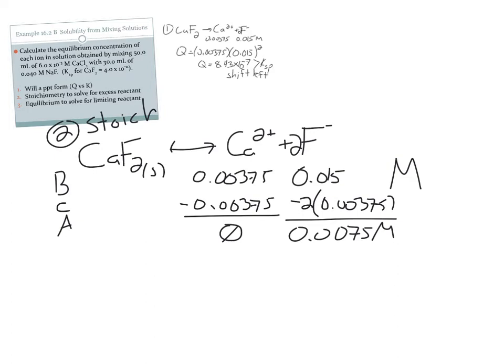Okay, and then we do have some solid here, so we could say how much solid forms plus x, so 0.00375. We could figure out the volume, we could figure out the grams, we could do lots of things with that, but those are the values there.